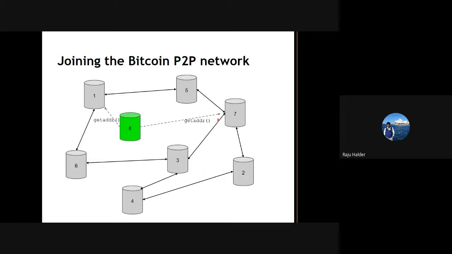This way, after multiple iterations, 8 will be connected with a few of the nodes in the network. It depends on how many neighbors node 8 wants to make. This way, a node can be connected with the Bitcoin network.